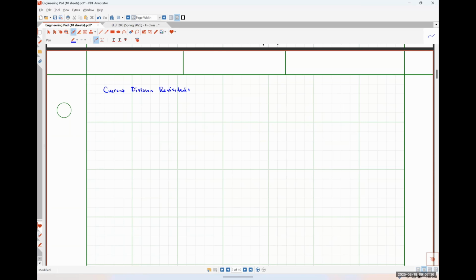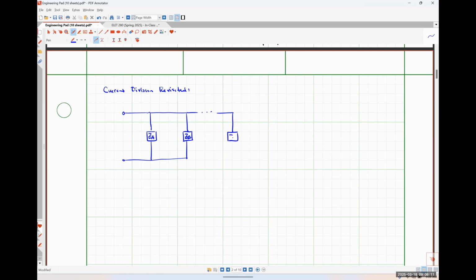So if we have a network containing multiple resistive paths in parallel, and I'm going to define these just as generic impedances. So let's call this guy ZA. Here's ZB, all the way out to some impedance.